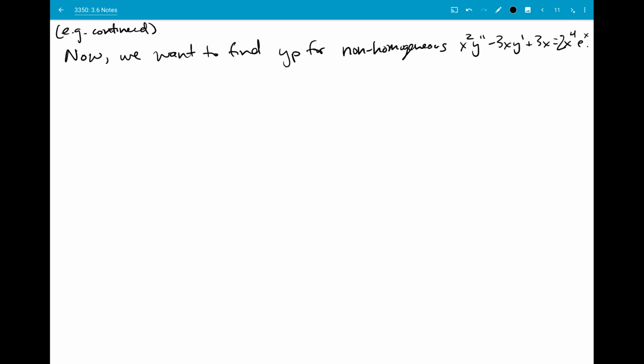I told you this earlier, but I'm just going to write it right here again. Because of non-constant coefficients, we use variation of parameters.